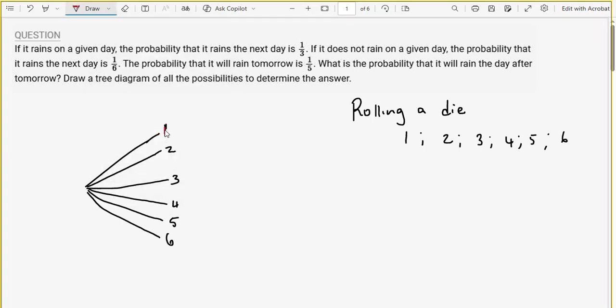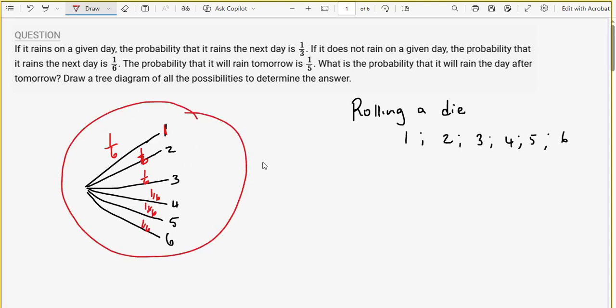What is the probability that we get 1? The probability is 1 over the total number of outcomes, which there are 6 of them, so it's 1 over 6. Even for getting 2, that's 1 over 6, and for 3, that's 1 over 6. All of these will have the same probability. This is what we call a tree diagram.